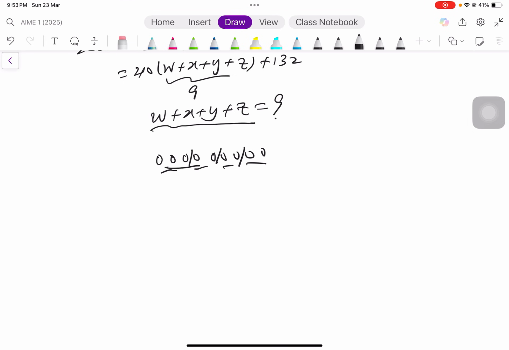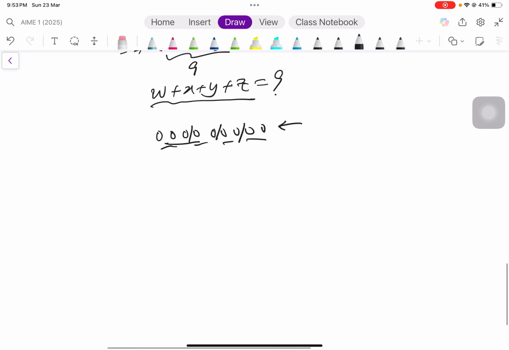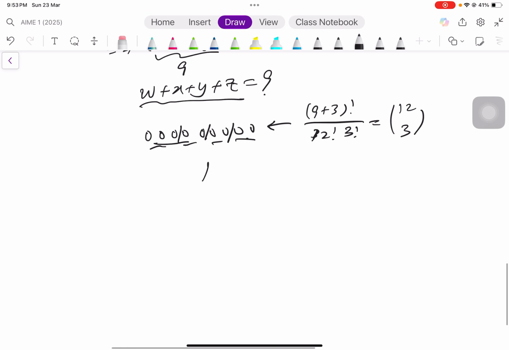All right, and the number of arrangements here is basically (9 plus 3) factorial, but the 9 balls are identical, therefore divided by 9 factorial, and then the 3 bars are identical, and this is equivalent to 12C3. Therefore the number of ways is just equal to 12C3, and that will be just 220.